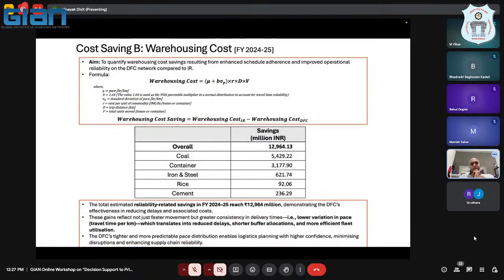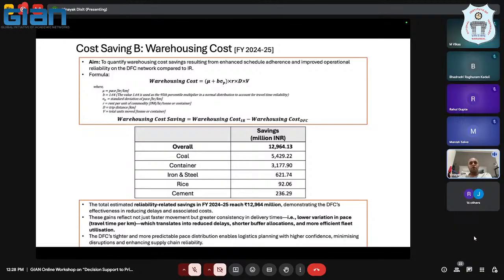The next part, you have something called warehousing cost. So this is the working capital, right? The fact that it was not being used, but then you're also storing it. So you're paying rent on the storage of that. The warehousing cost is basically you multiply the rent, the distance, and the volume with mu plus b sigma p.